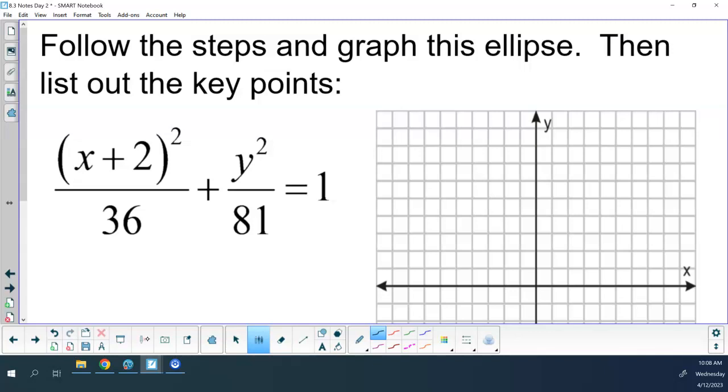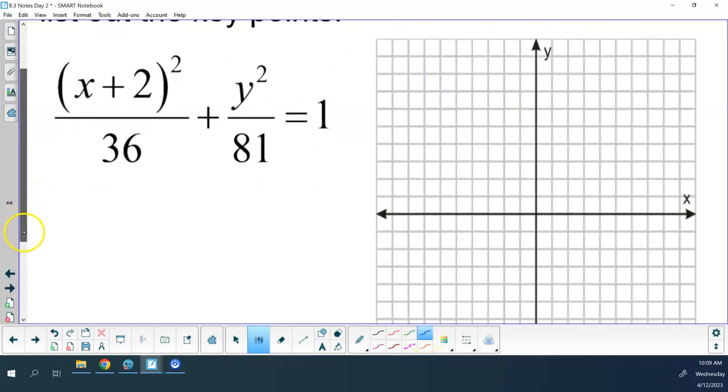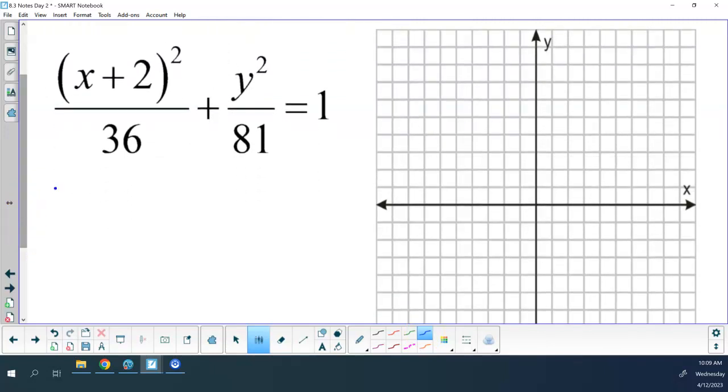So step number 1 said what? Find the center. Where on this particular ellipse is my center? Negative 2 comma 0, do we all agree with negative 2 comma 0?